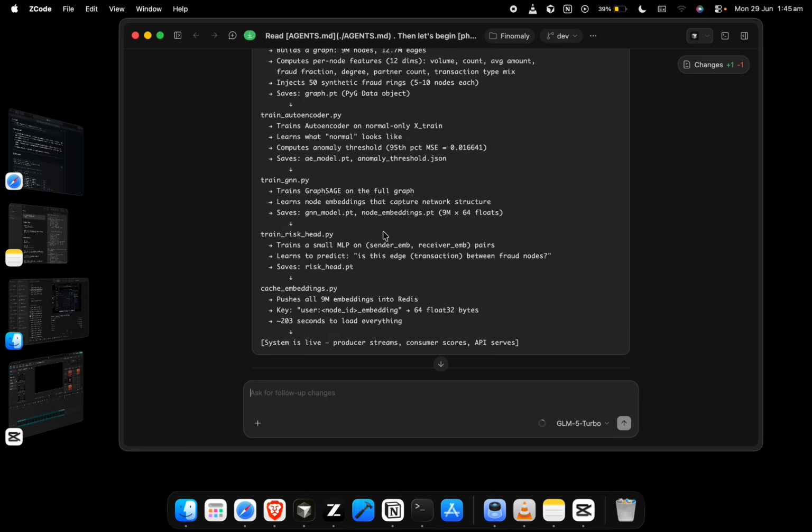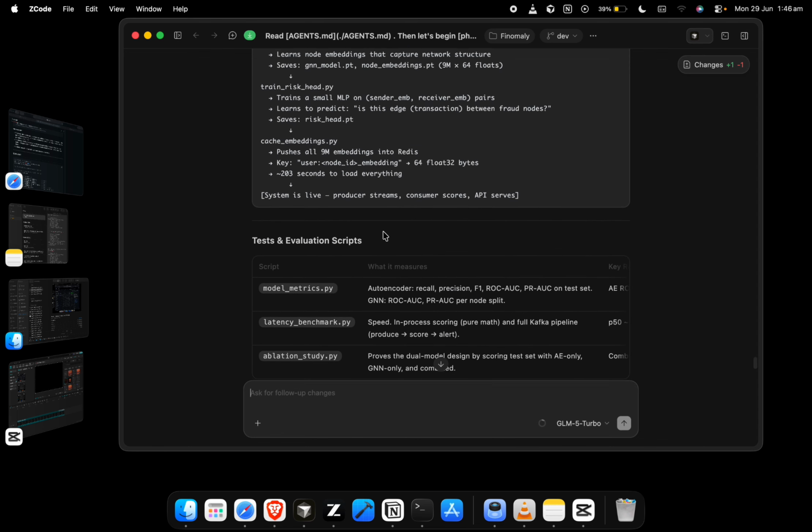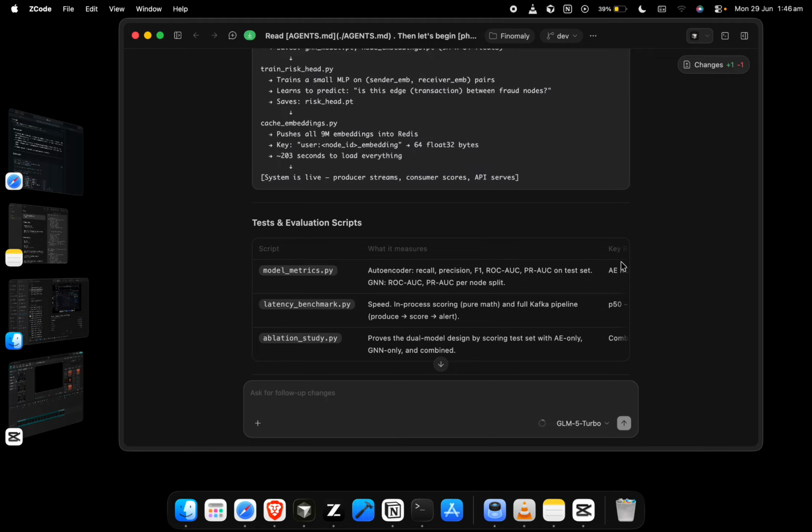The cache_embeddings.py pushes all 9 million embeddings to Redis, each with a key, and this takes approximately 203 seconds to load everything. Now for the test and evaluation scripts, we have model_metrics.py.